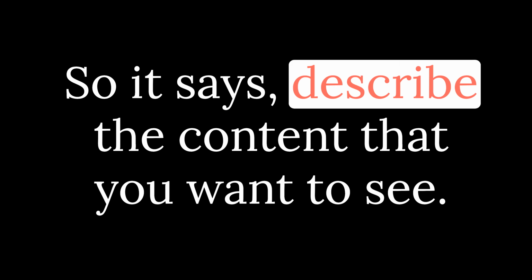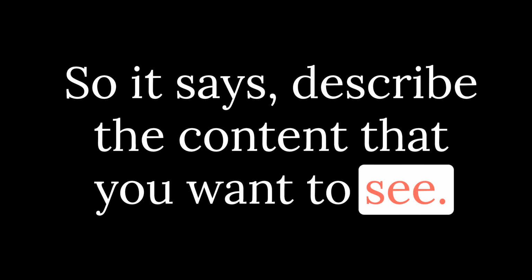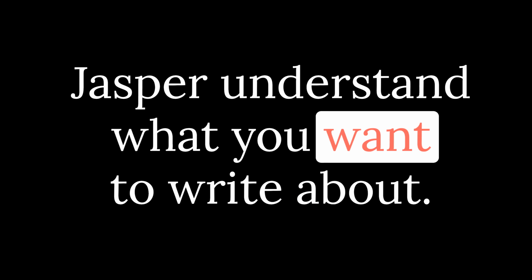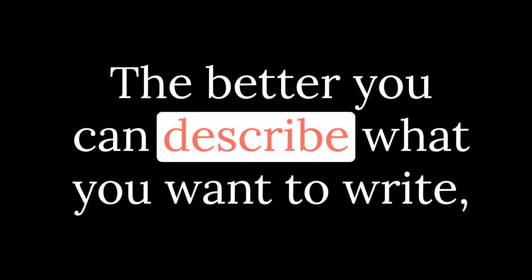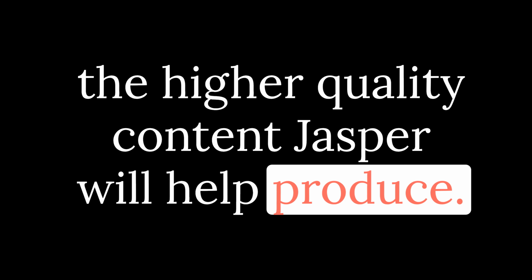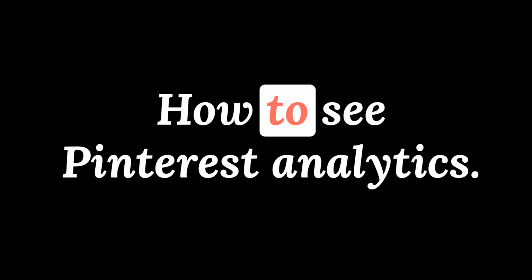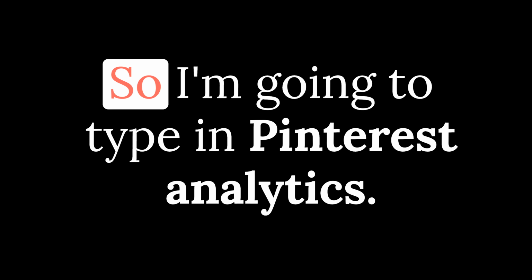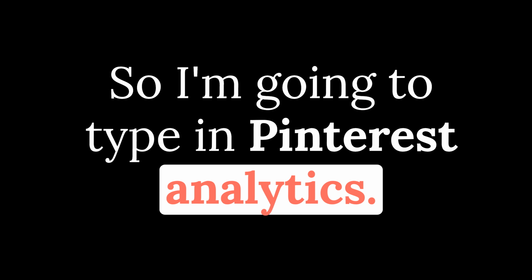So it says, describe the content that you want to see. And it says, this is the most important step in helping Jasper understand what you want to write about. The better you can describe what you want to write, the higher quality content Jasper will help produce. I put in there my keywords, how to see Pinterest analytics. There is an option for keywords, so I'm going to type in Pinterest analytics.